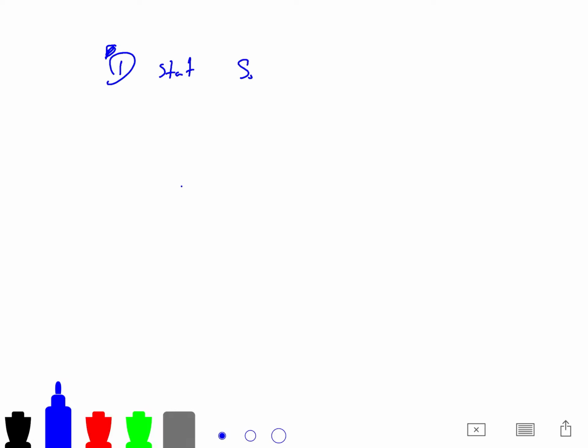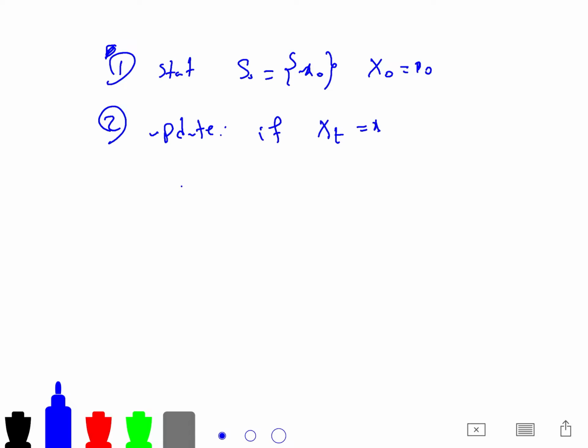First we start with S_0 being a single vertex, and X_0 is X_0. Then we update the random walk. The updating rule is that if X_t is x, then X_{t+1} is x prime with probability P of x and x prime.